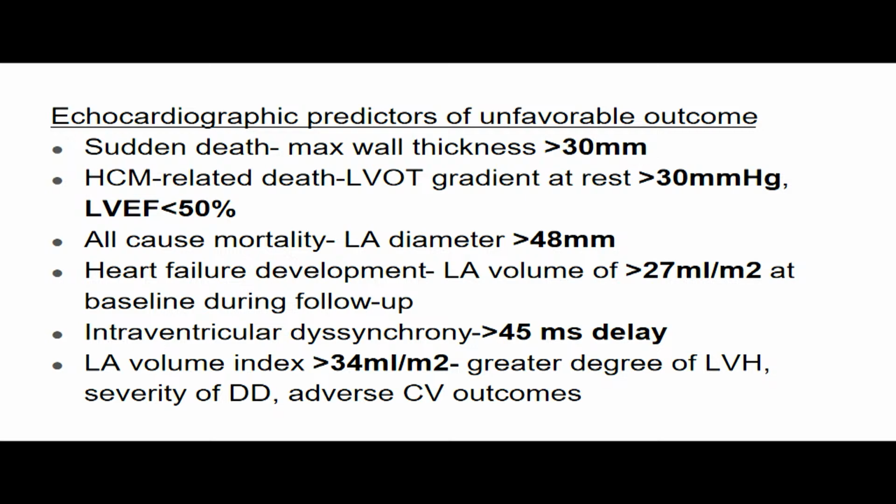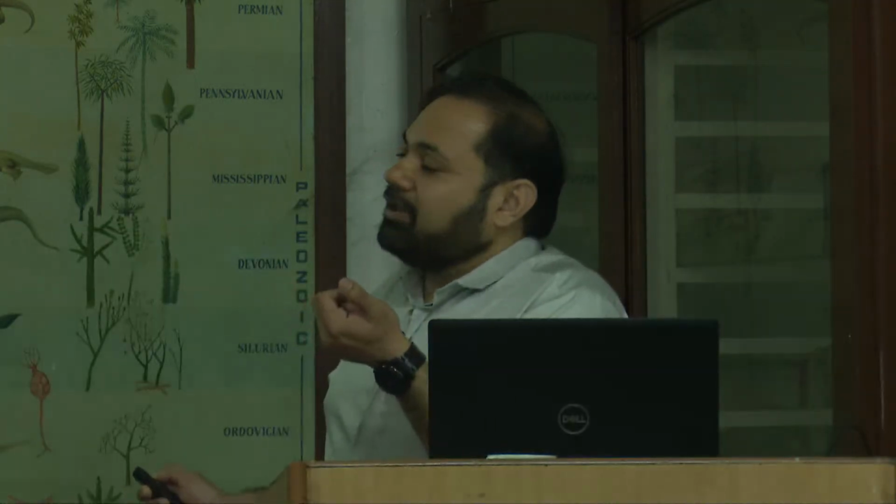So if you see any patient with these features, and indirectly if you are doing some genetic testing, these are indirect correlations for severity. Okay, as we have discussed, the thickness of septum, which I have discussed in previous slides, more than 30 means the severity is more.